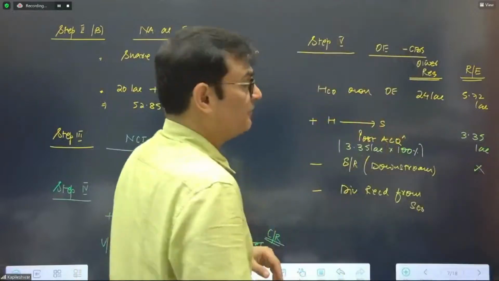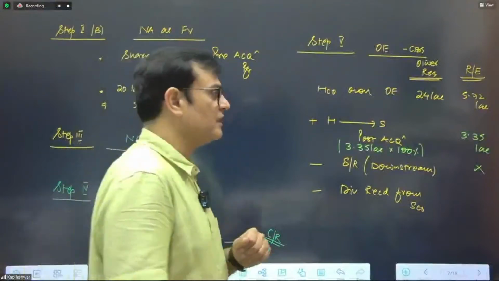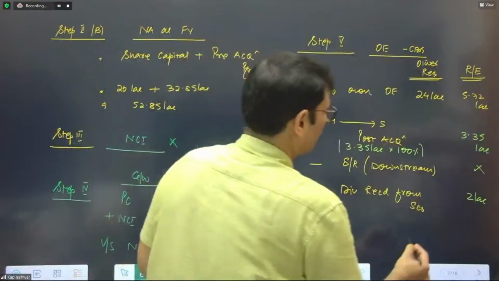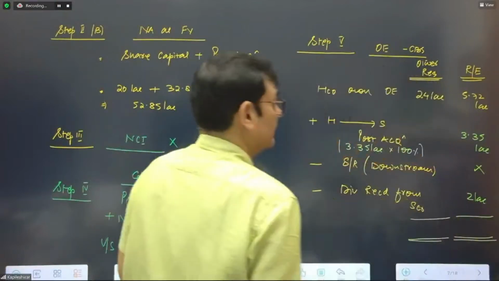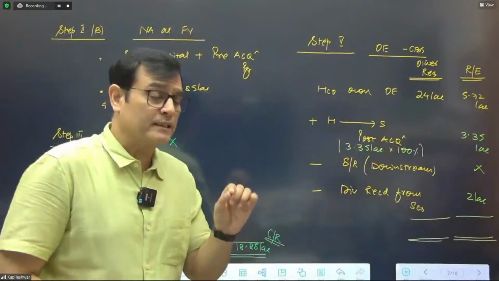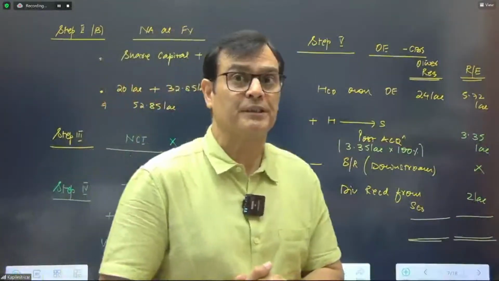And dividend received, of course, we need to eliminate. The parent company got a 2 lakh dividend from the subsidiary. You need to eliminate the same. And we can get the figure of other reserves and the retained earnings. And by the way, you also need to represent the capital reserve as a part of the other equity in the balance sheet.